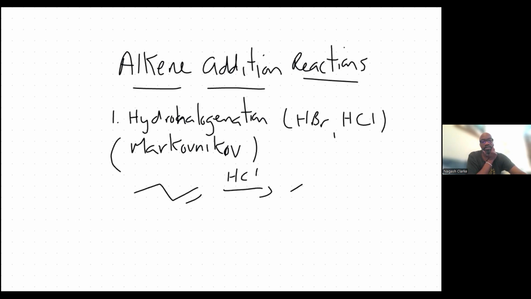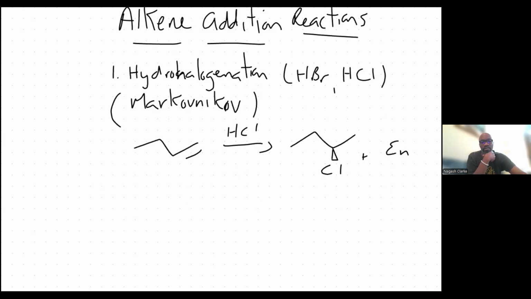The product is 2-chlorobutane, and we can form stereoisomers because the carbocation, if you recall from the previous video, is a planar molecule, so the chloride, which attacks, can attack from above or below.